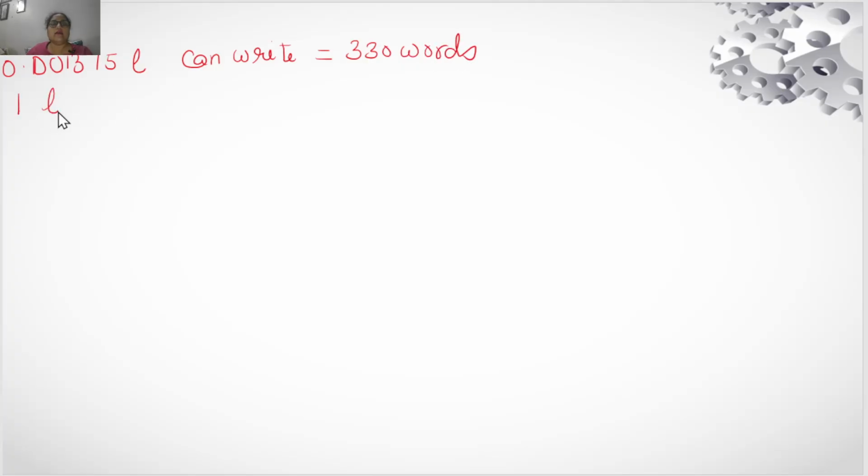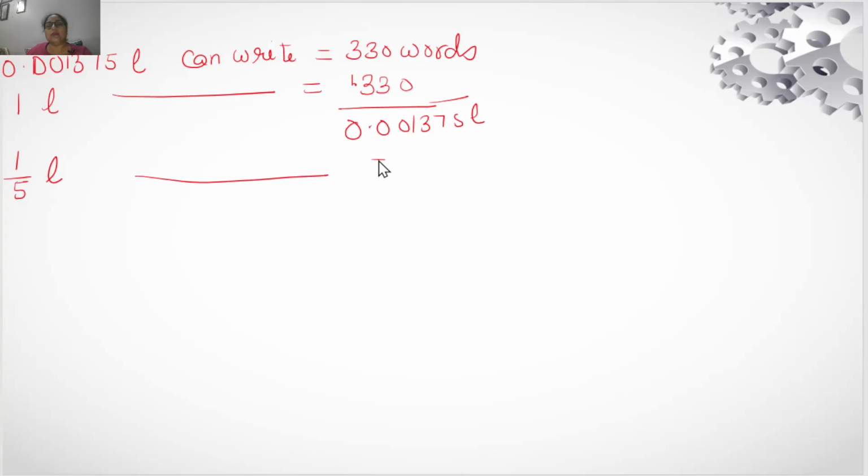Now for 1 liter, 330 divided by 0.001375 liter. So for 1 by 5 liter, it will be multiplied. So 330 upon 0.001375 multiplied by 1 by 5 liter.